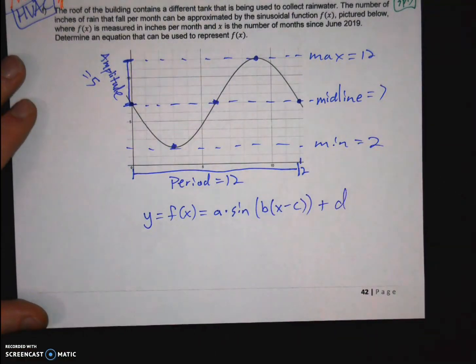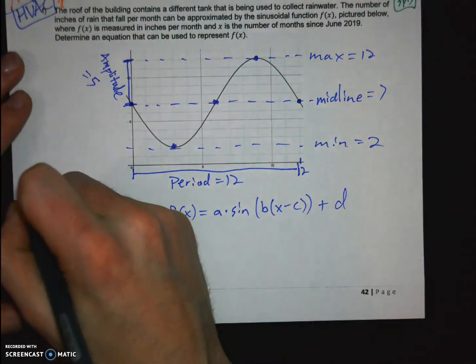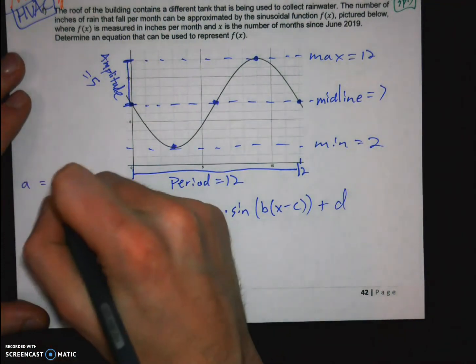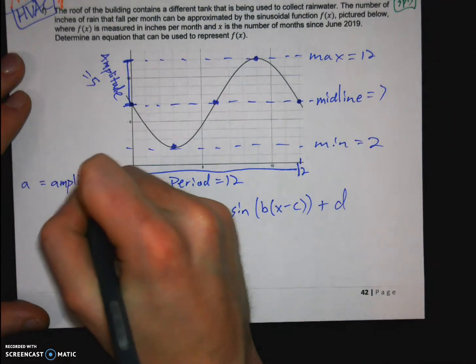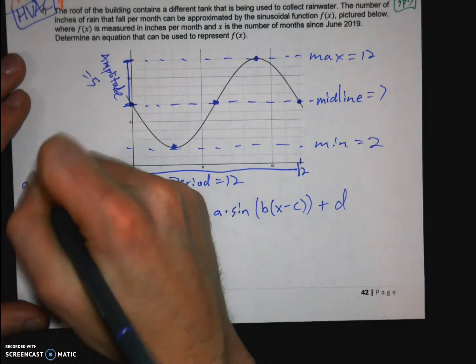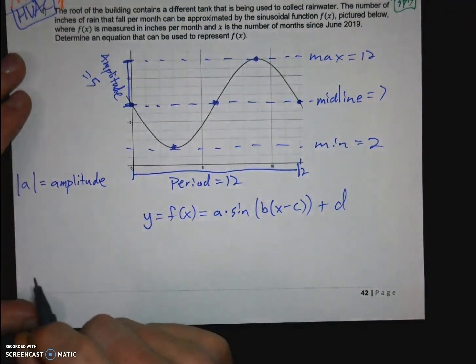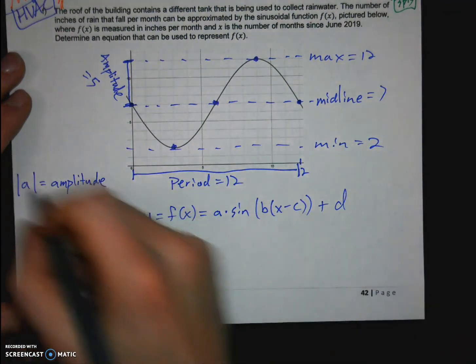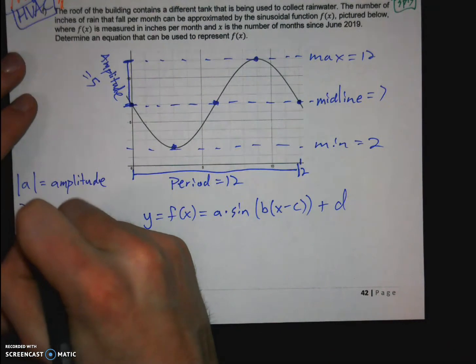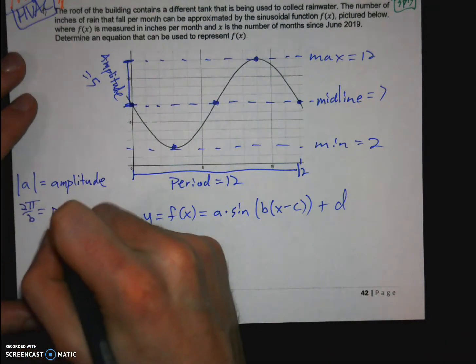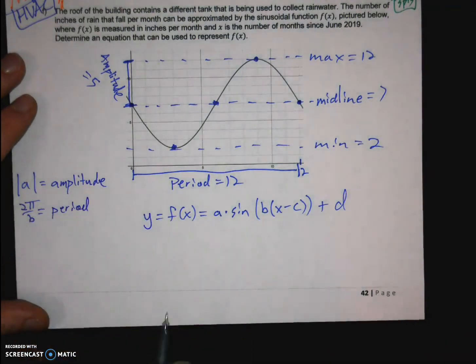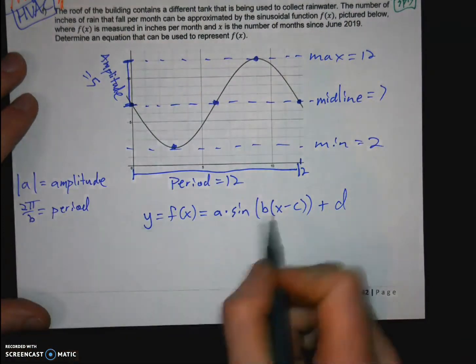Remembering our annotations from before, a is related to the amplitude, but it's really the absolute value of a. We have to figure out what the sign should be on a. We also have that 2 pi over b is equal to the period of our function, so that's how we're going to get our b value.